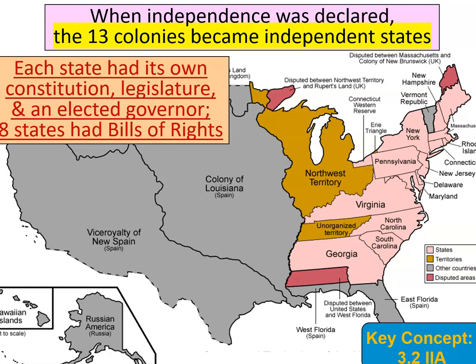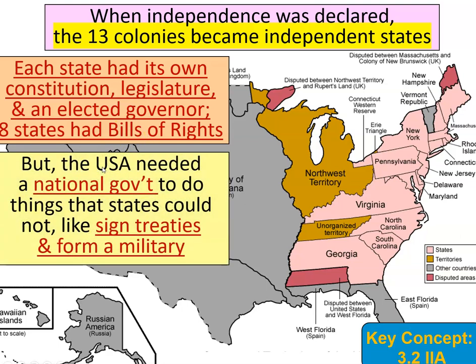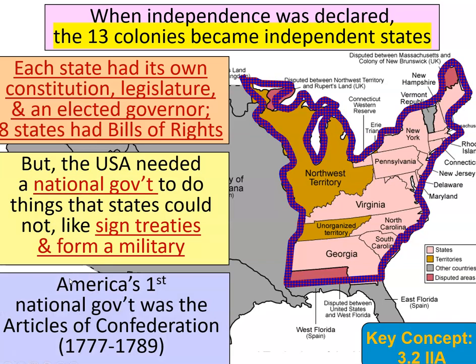They had an elected governor, most of them; some had an appointed one. And 8 out of the 13 states already had their own Bill of Rights. But they did recognize the need for a national government to deal with foreign affairs, sign treaties, and create a military to protect them. So what they create is our very first constitution, known as the Articles of Confederation.